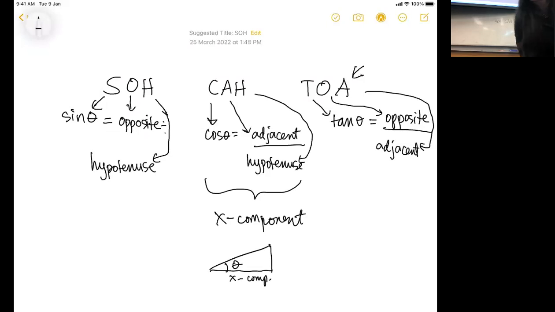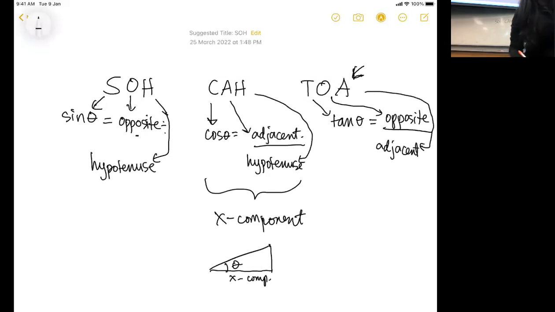Is the equation to find the angle or to find the other side? To find the other side. CAH is to find the adjacent side, and SOH is to find the opposite side. And for the angle, it's TOA.